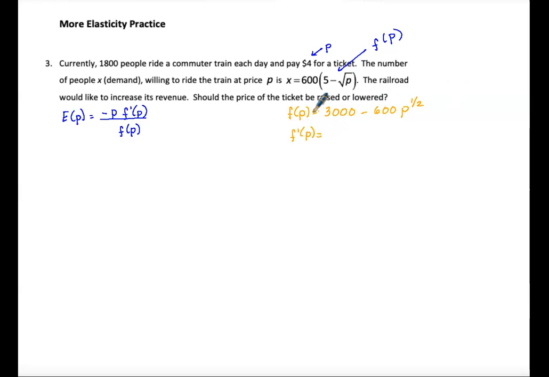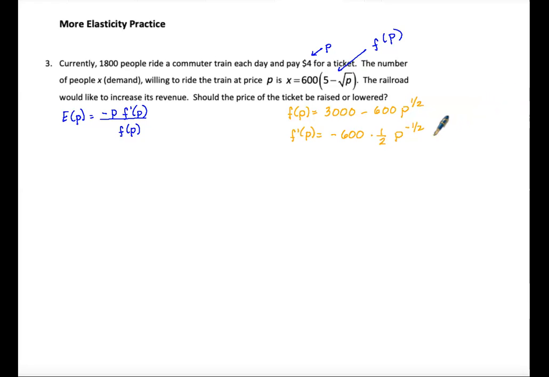So the derivative of 3,000 would be 0. For the derivative of 600 P raised to 1/2, we multiply by that exponent, so let me write it out: negative 600 times 1/2, and then times P raised to negative 1/2, since 1/2 minus 1 is negative 1/2.